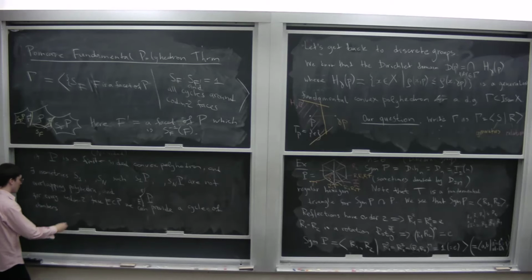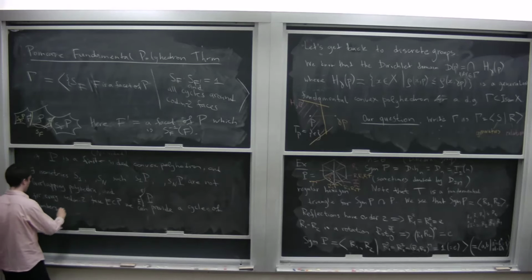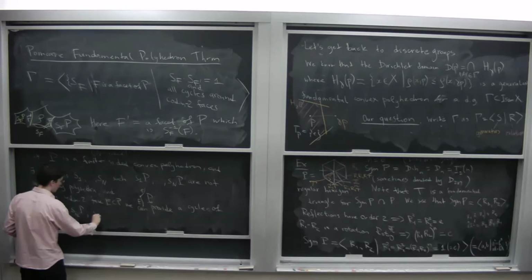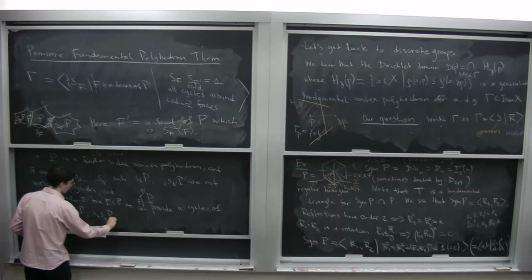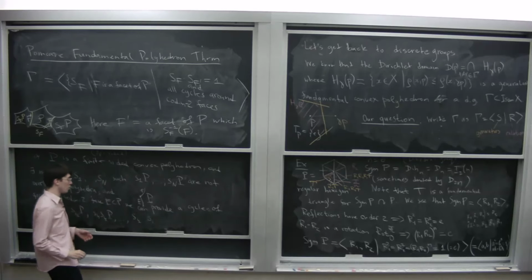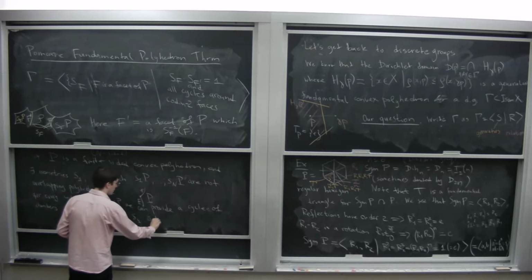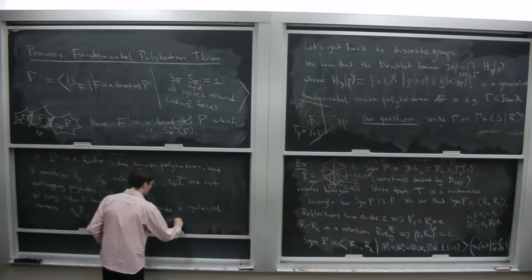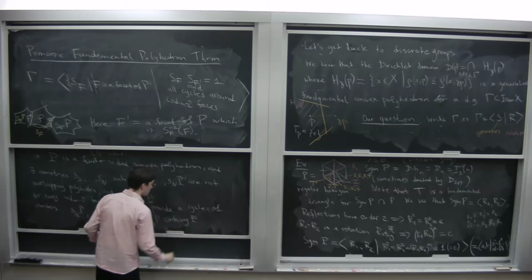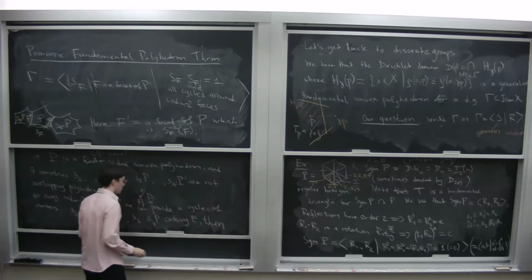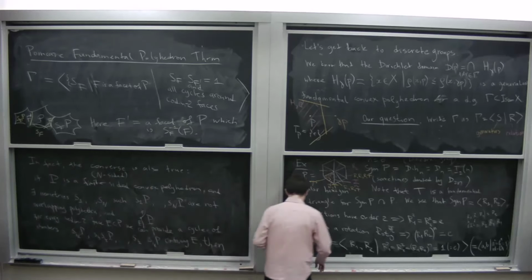So the cycle of chambers all containing E, right? So a cycle, let me write it this way, as I1 of P, as I2 of P, and so on, as IK of P, all containing E. Then I go to the next board.